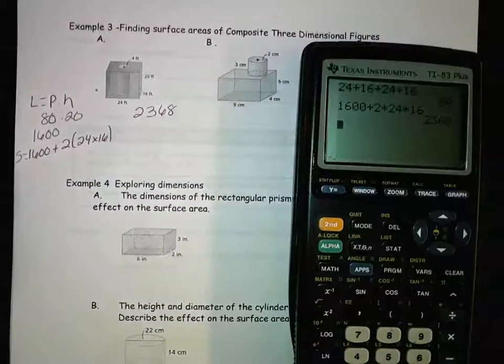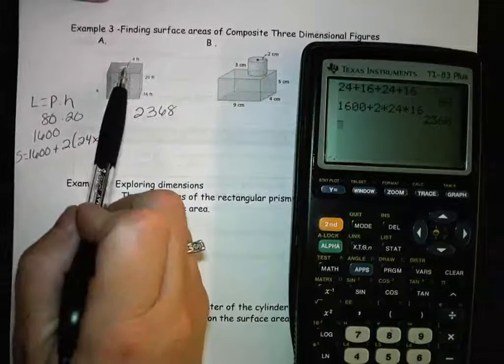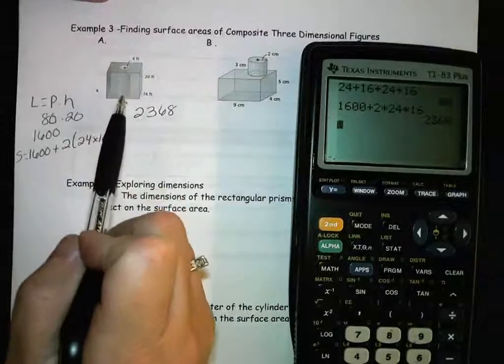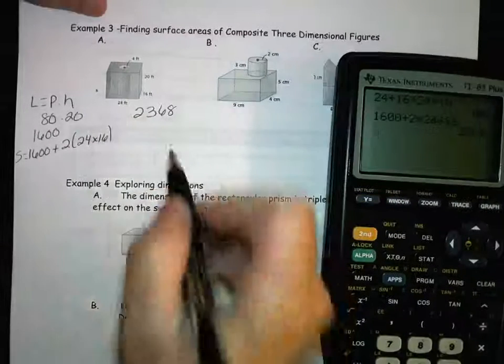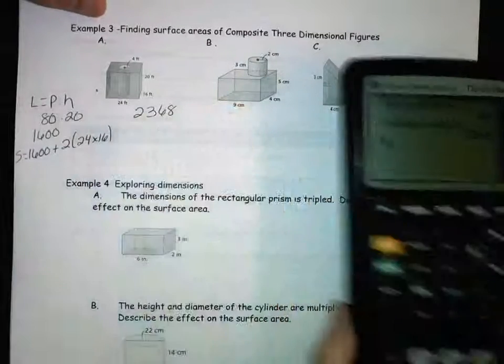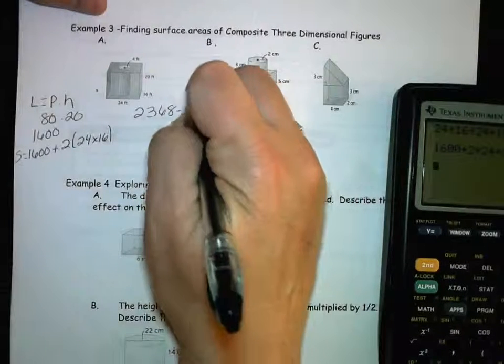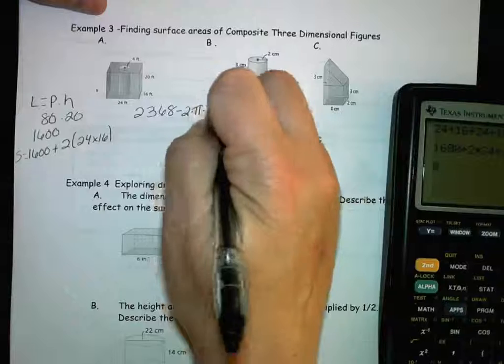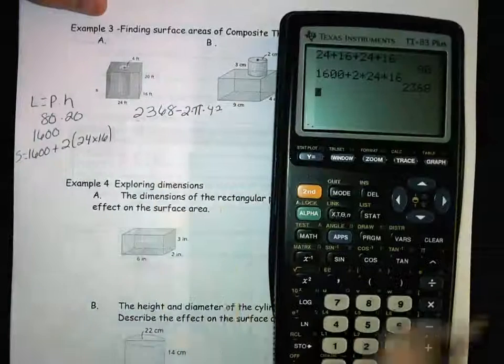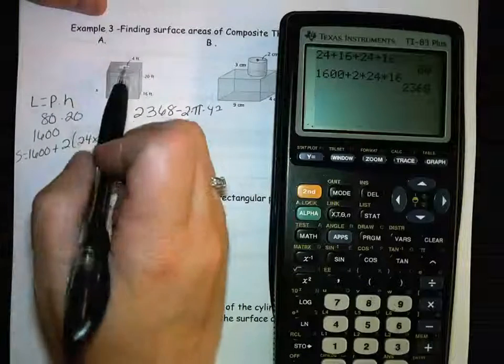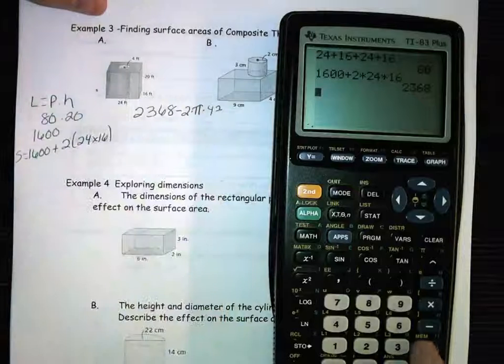However, we've got this circle taken out of the top and this circle taken out of the bottom. So from that answer, we are going to subtract 2 times pi times 4 squared. This is the total surface area, and we're subtracting those two circles.